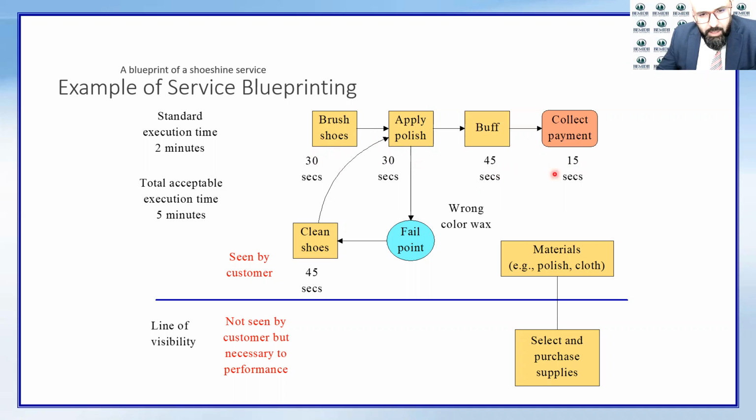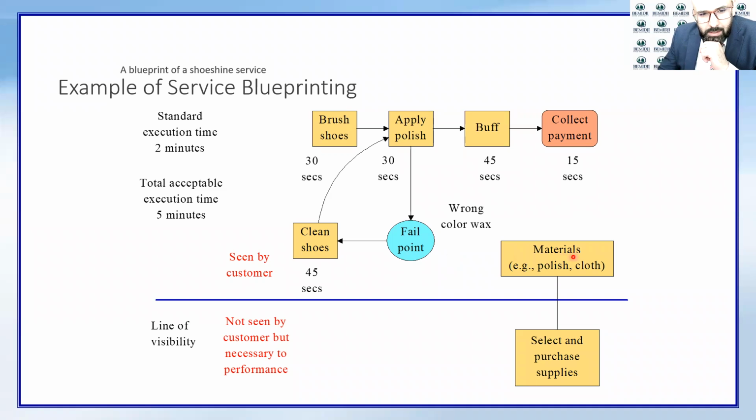That would be very helpful from an operations management perspective. So brush shoe, apply polish, buff, collect payment, and you time it. And now what is seen by the customer is clean shoes. There are some failing points that you should consider because you probably have the wrong wax. So you consider some failing points in that as well.